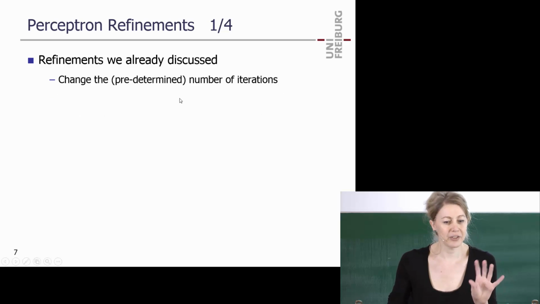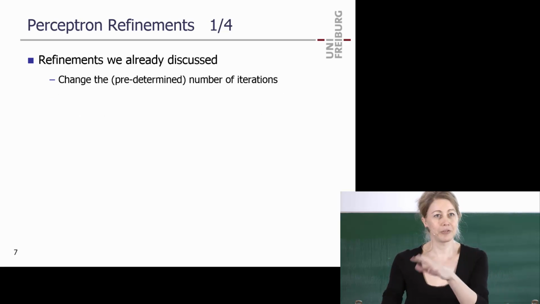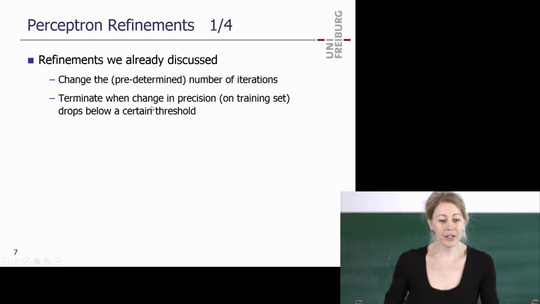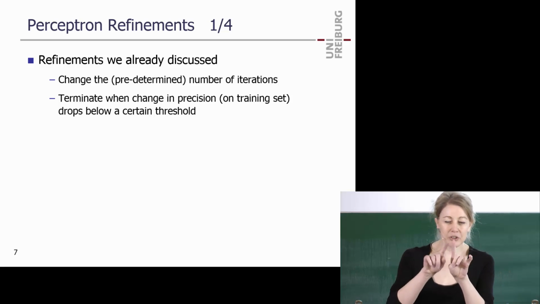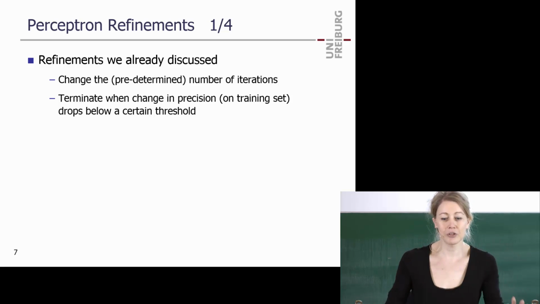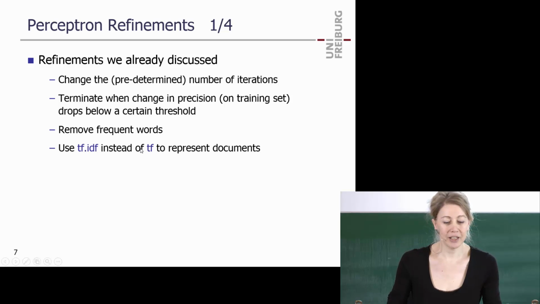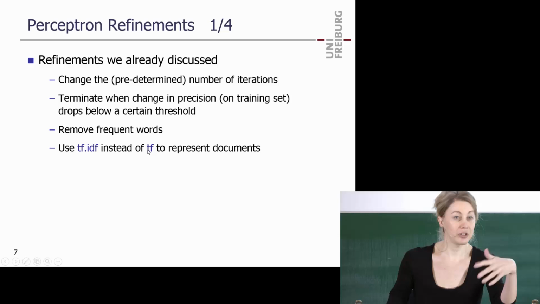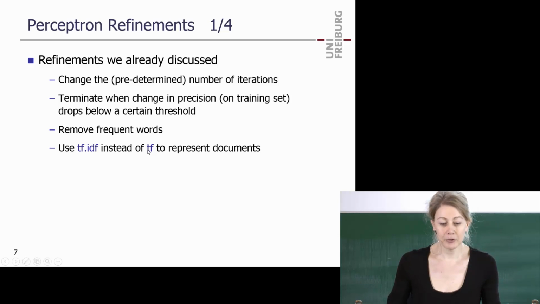Those we already discussed. You can just play around with the number of iterations, maybe 20, 30, or 5. You can change your termination criteria and play around with it. Maybe when the change drops below a certain threshold or whatever. You can remove frequent words, you can use TF-IDF, or you don't have to do this, it's just inspiration for things which could be done.